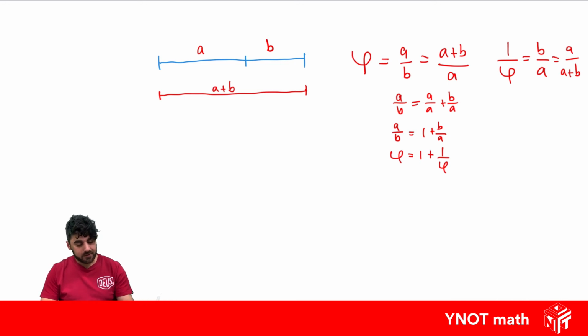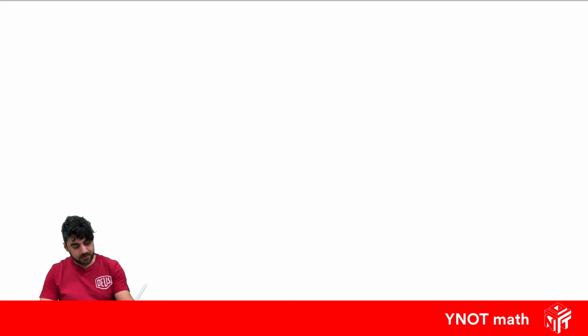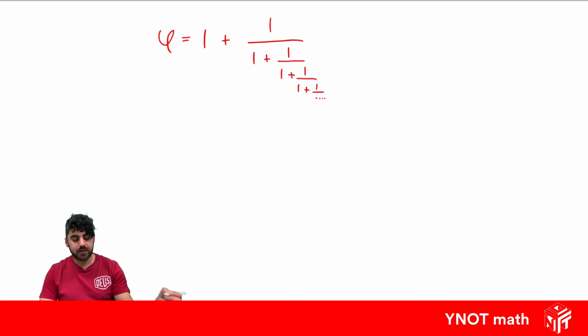Another way to define the golden ratio is that it actually equals 1 plus 1 all over 1 plus 1 all over 1 plus 1 all over 1 plus 1 all over, and so forth.